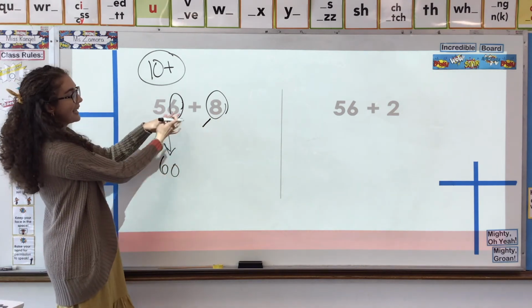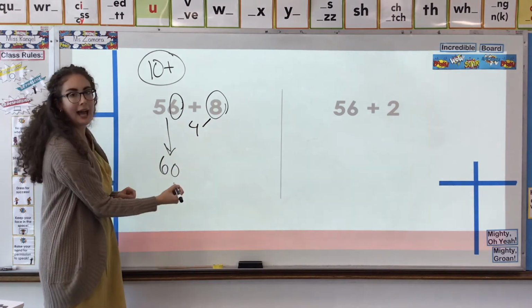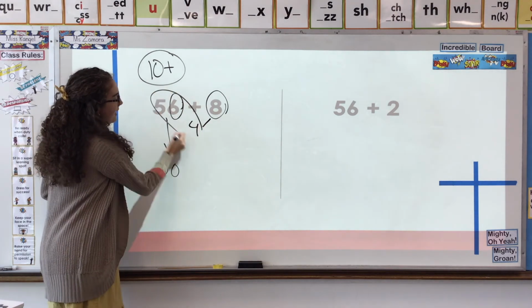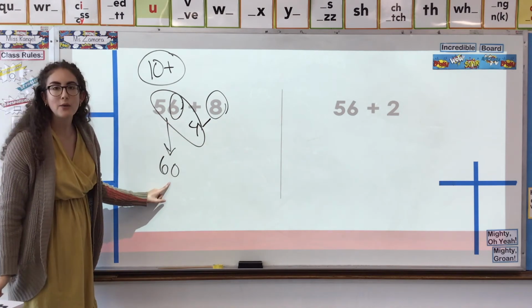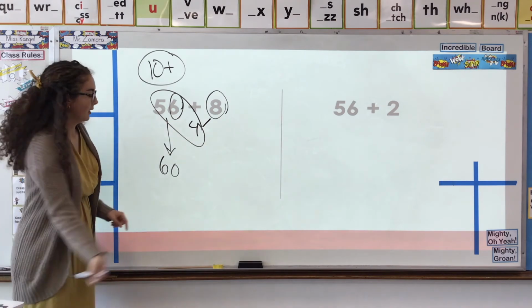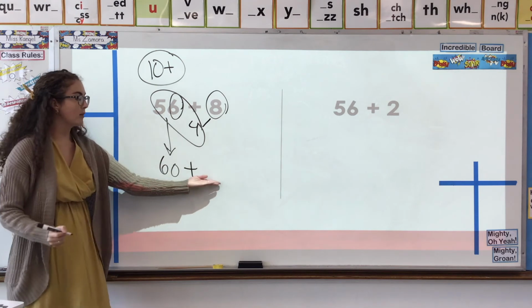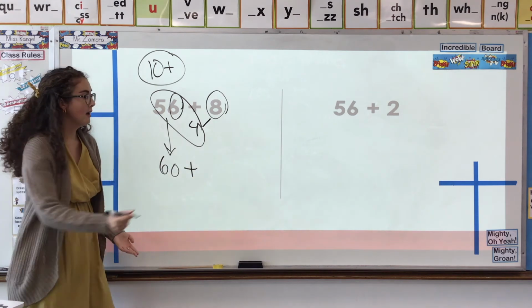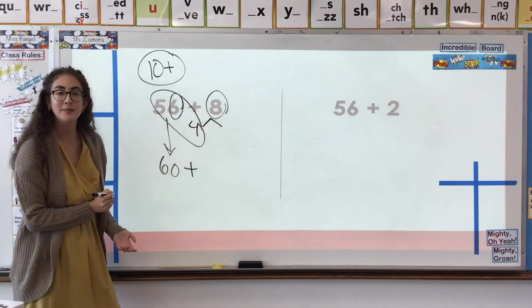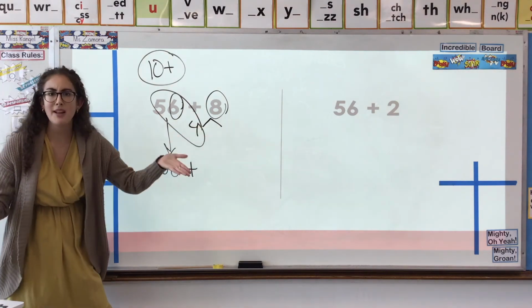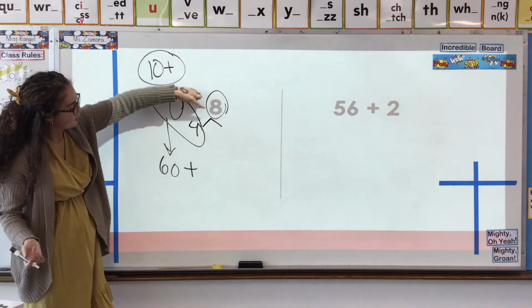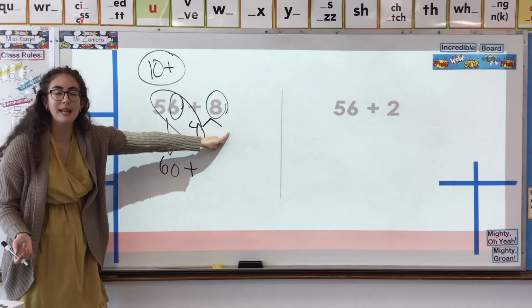We have to take its pair to 10 out of that 8 and show that we know 56 plus 4 equals 60. So then, what are we going to add to our 60? We're going to add what's left over in the 8. If we took out 4, how much would be left?